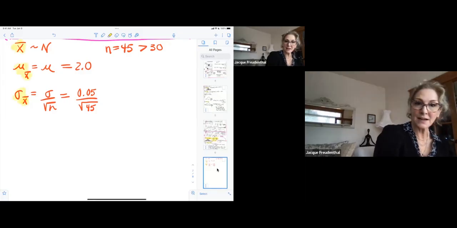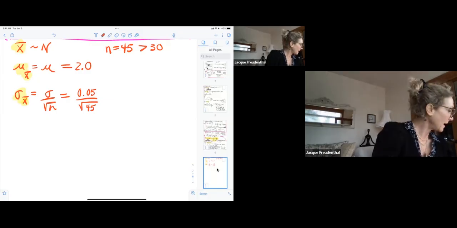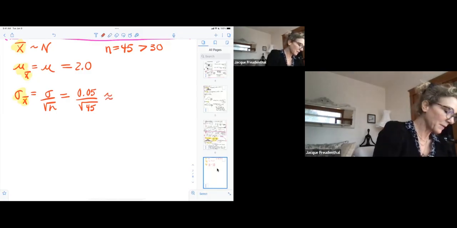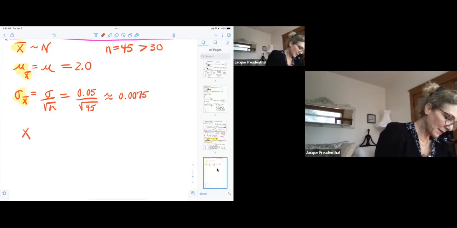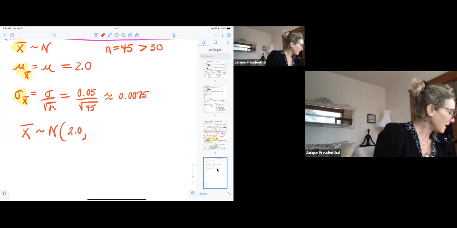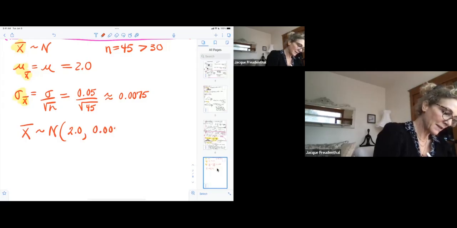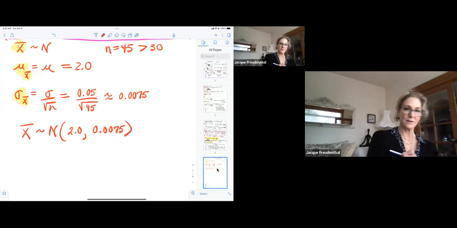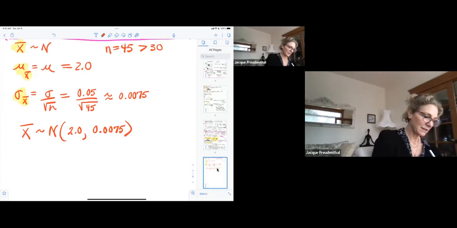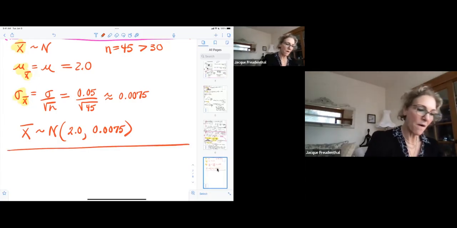So I'm using the standard deviation of the population divided by the square root of n. Okay, and we will just round this off to 4 decimal places, 0.0075. So the sampling distribution of the mean follows a normal distribution. The mean is 2.0, and the standard deviation of the sample means is 0.0075. Okay, so that answers part A.